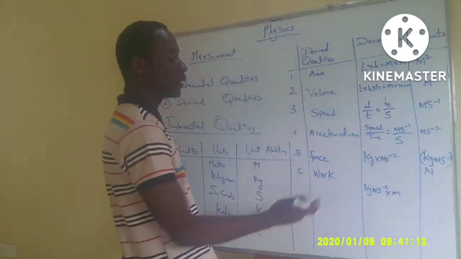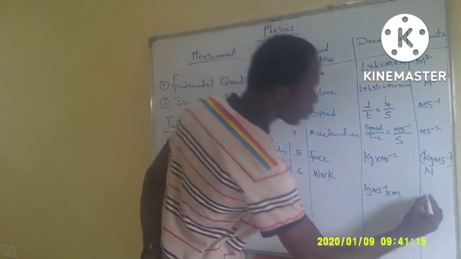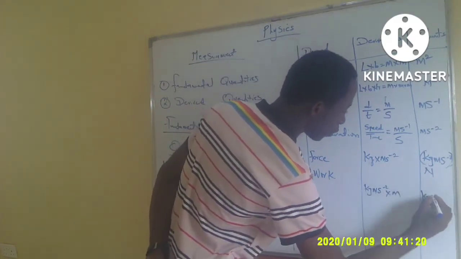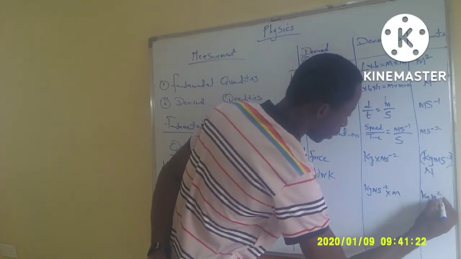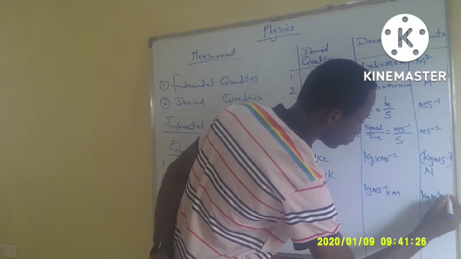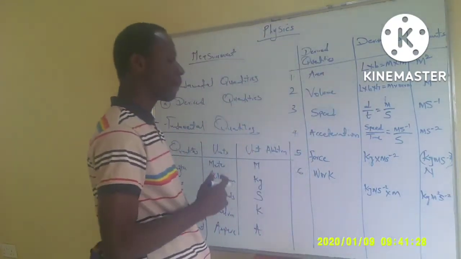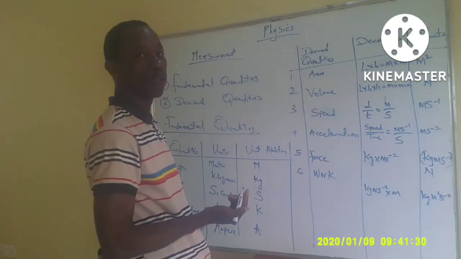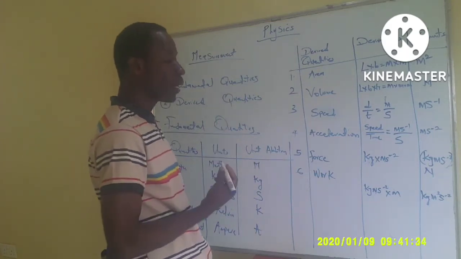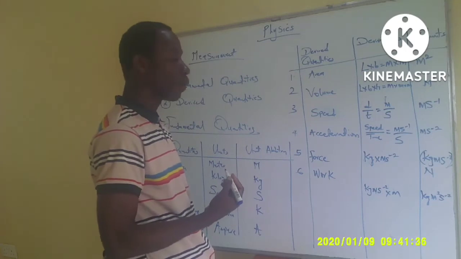So kilogram meter per second square times meter becomes what? Kilogram, then meter times meter gives us meter square, then per second square. So kilogram meter square per second square. In another word, it can be represented by what?